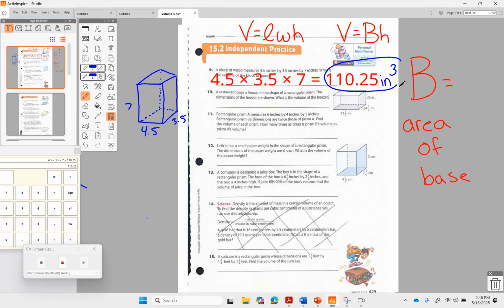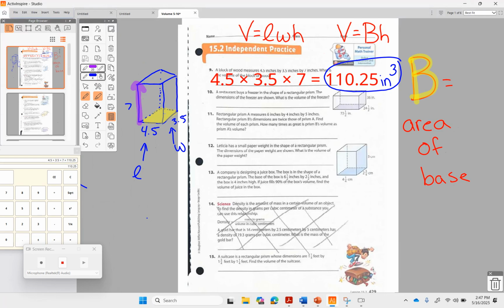But what you're also doing when you do this, if I say that that's the length and that's the width, when I multiply the length by the width, I am actually getting the area of the bottom of the rectangular prism. That's the capital B. And I am multiplying it then by the height.